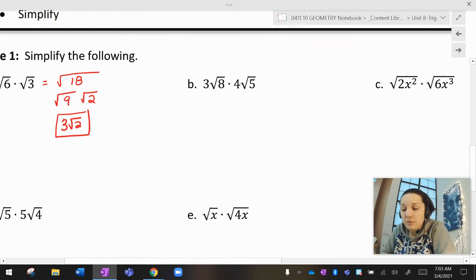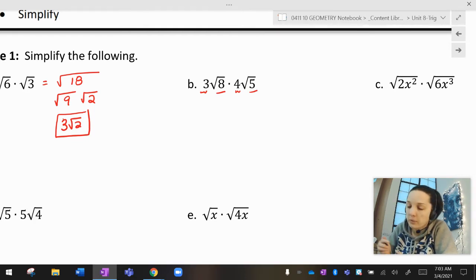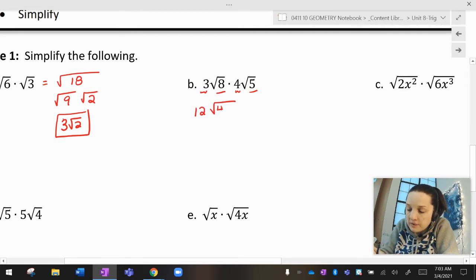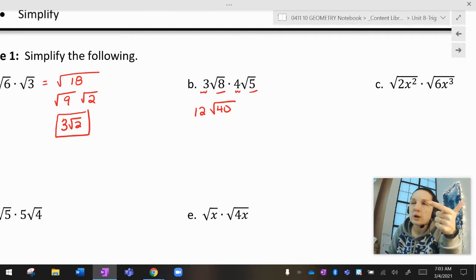In B, I have 3 root 8 times 4 root 5. If you have a coefficient and a radicand, the coefficients get multiplied and the radicands get multiplied. The radicand is the thing inside the radical. 3 times 4 is 12. 8 times 5 is 40. And then I want to say, okay, what's the biggest perfect square that goes into 40? 1 times 40, 2 times 20, 4 times 10, 4 is a perfect square, and then 8 times 5.